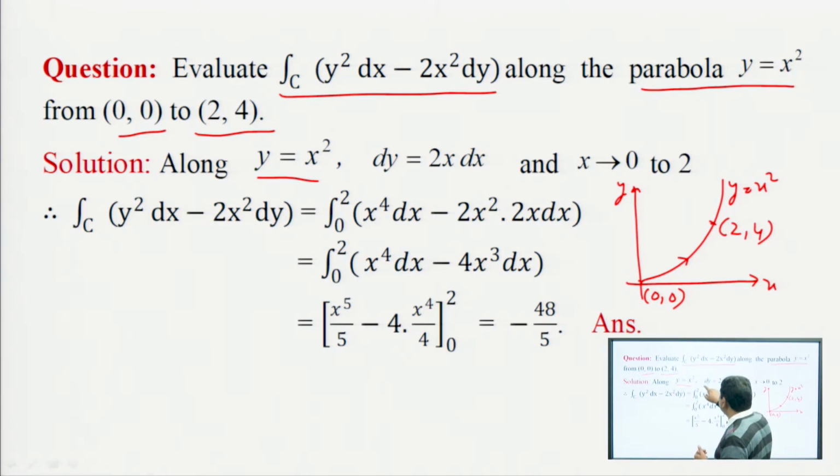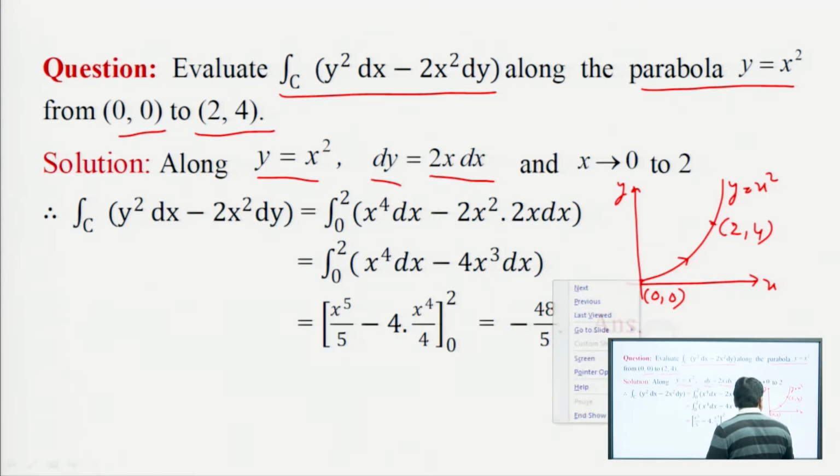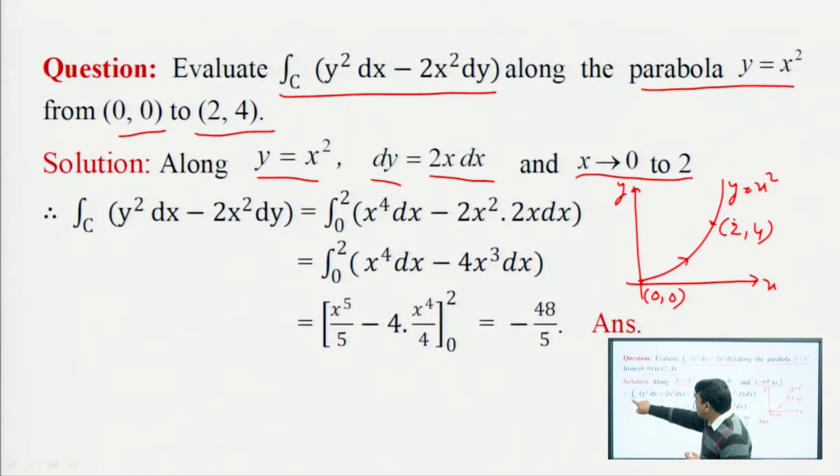If we differentiate this, we get dy equals 2x dx, and it is clear that x varies from 0 to 2 along this curve, since here x is 0 and here x is 2.